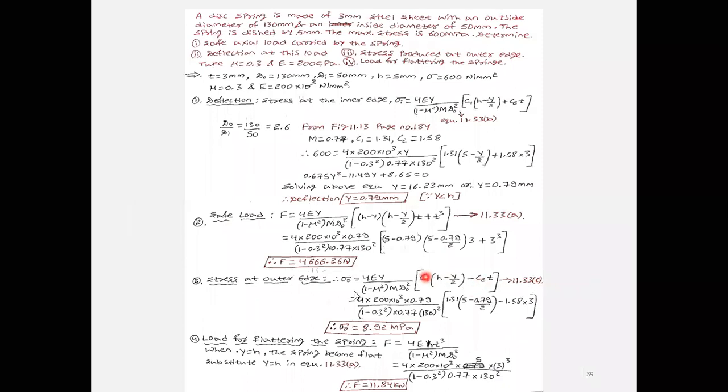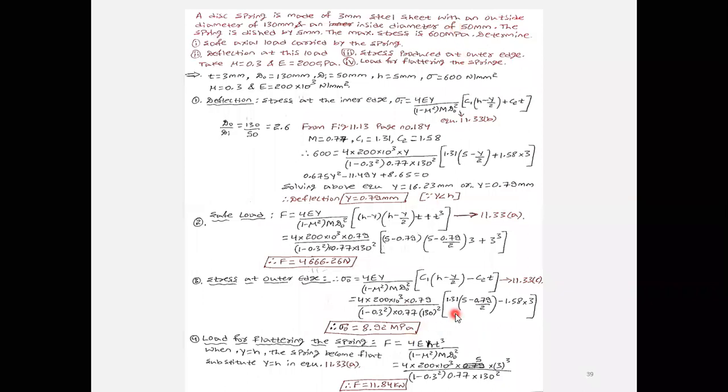In 11.33c, don't substitute this stress, because you are calculating the stress at the outer edge. Now substitute the deflection, the C1, C2 values and the m value. The remaining terms denote E, h and t, which are given in the statement.